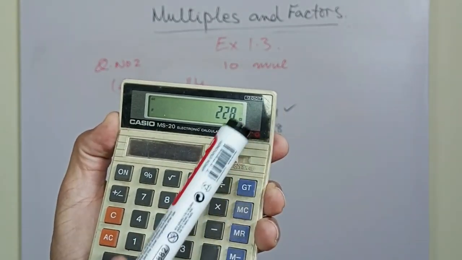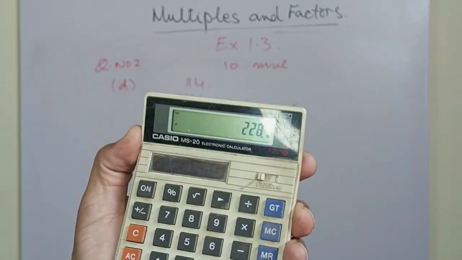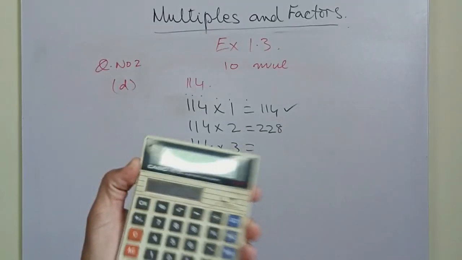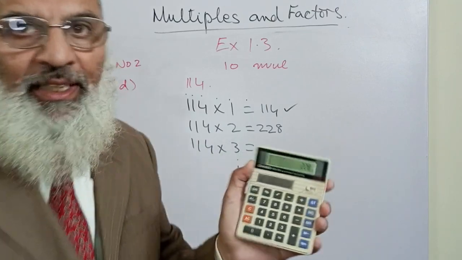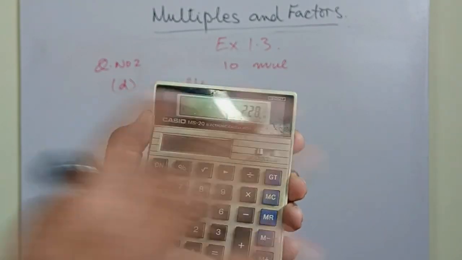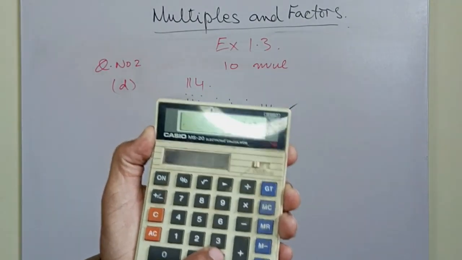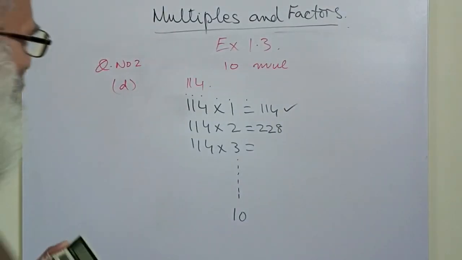You'll see that the second multiple has been displayed, 228. Now for the third, do not touch anything else. I have to press only the equal button. You see what appears here? 342.